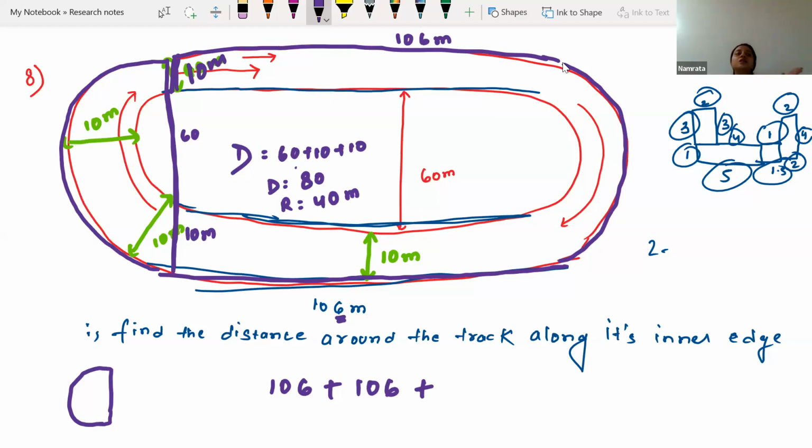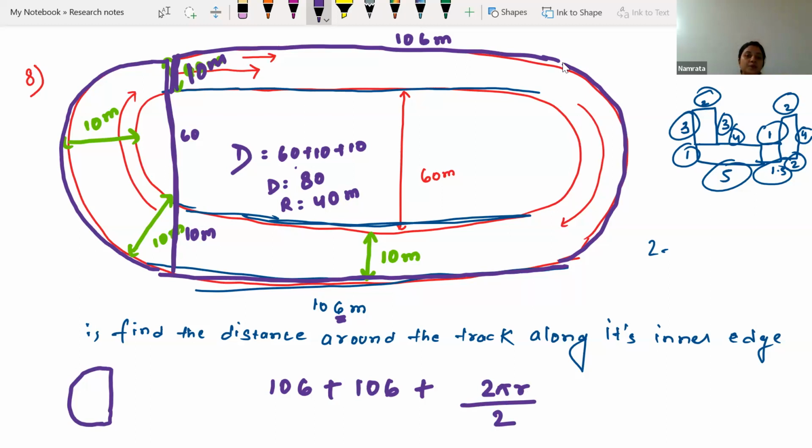Now we can find the circumference of this semicircle, right? When we find the circumference of the semicircle, we get only the curved path, right? So for finding the curved path, we find the circumference of the semicircle. What is the formula? 2 pi r is the formula for a circle, and for a semicircle it must be divided by 2, right?